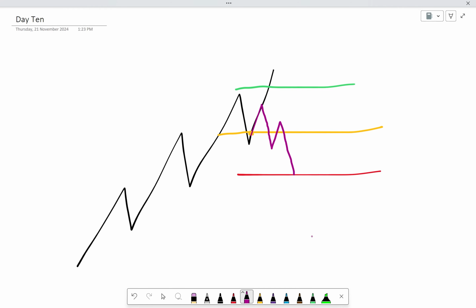So once it does that, what I'll be doing is I'm going to take another trade. This is the second trade. So I'll be taking another trade with this as the entry price, that as the stop loss, and that as the take profit.